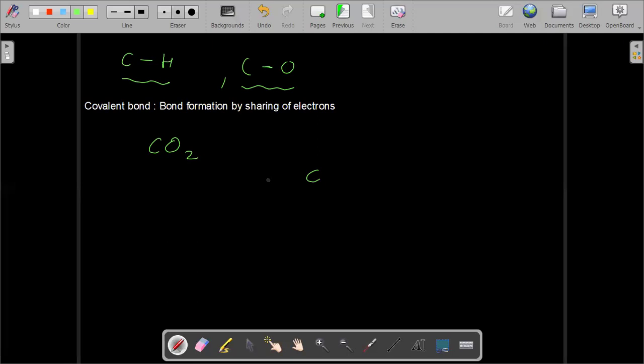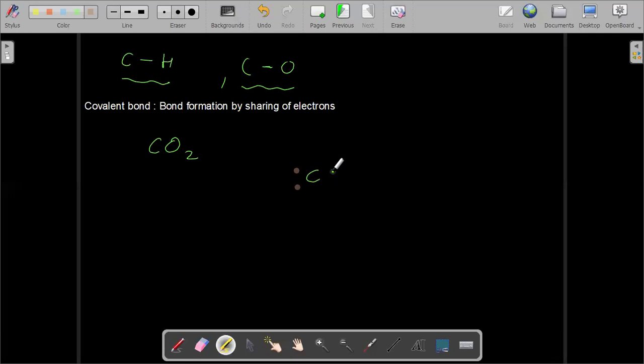Even if carbon donated all 4 electrons, oxygen would be able to hold two electrons, but still it would not be able to form C plus 4. So that's not possible. See what happens now. Carbon has 4 electrons.